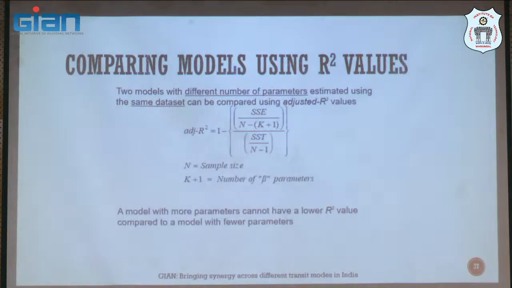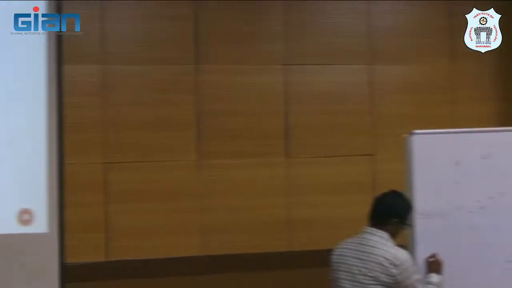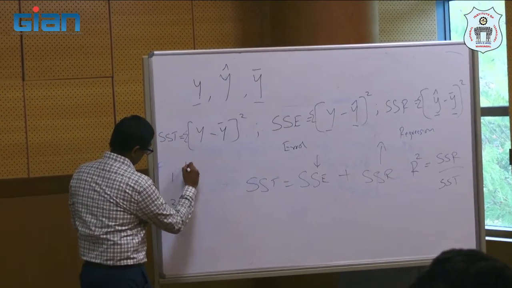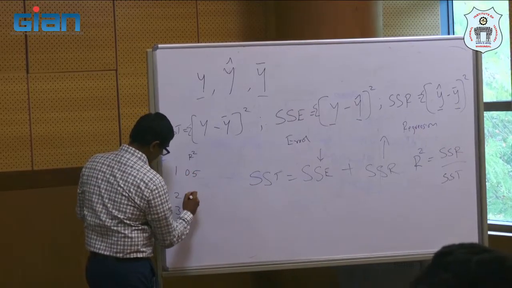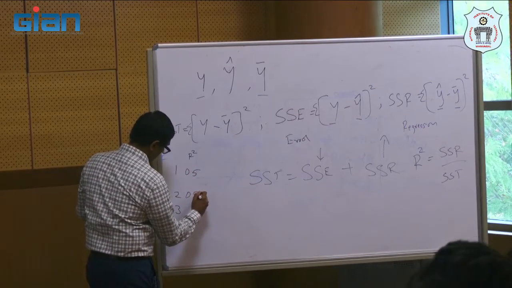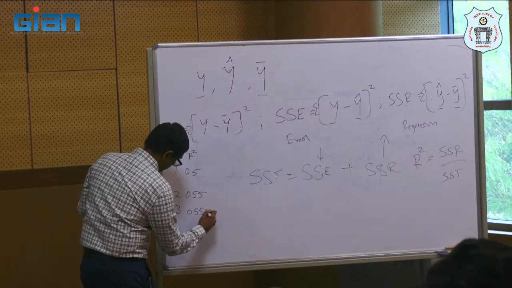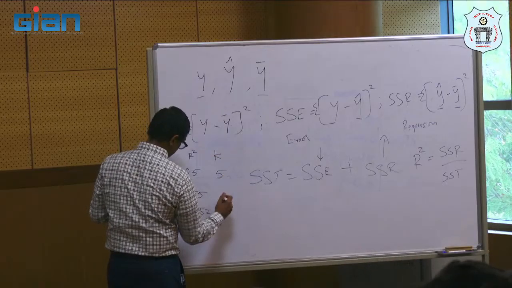Now, what happens when you have more variables? There could be cases like this. Three models, with R square values and number of parameters.